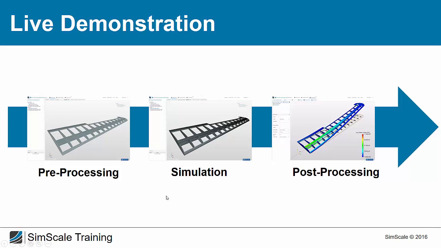After preparing the geometry and meshing, we are going to set up the simulation itself, so we will apply boundary conditions, define which material this part is made of, etc. And finally, when our simulation is set up and solved correctly, we will use the online post-processor of SimScale to visualize our results and get insights.